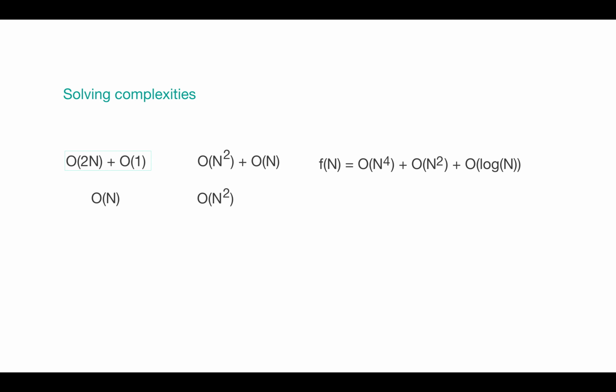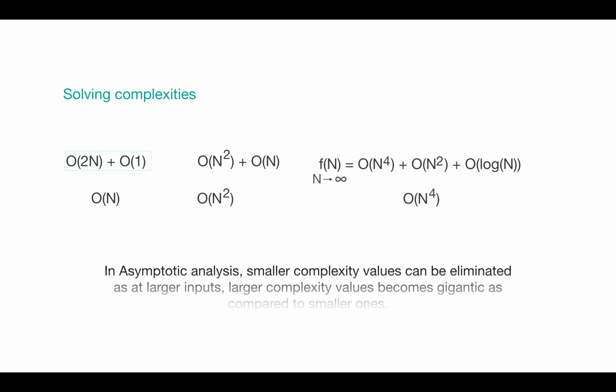So here log n and even n square can be eliminated, because with larger input size, the value of n raised to power 4 is much larger compared to log n and n square. So from an asymptotic analysis point of view, this complexity can be written as O(n raised to power 4).